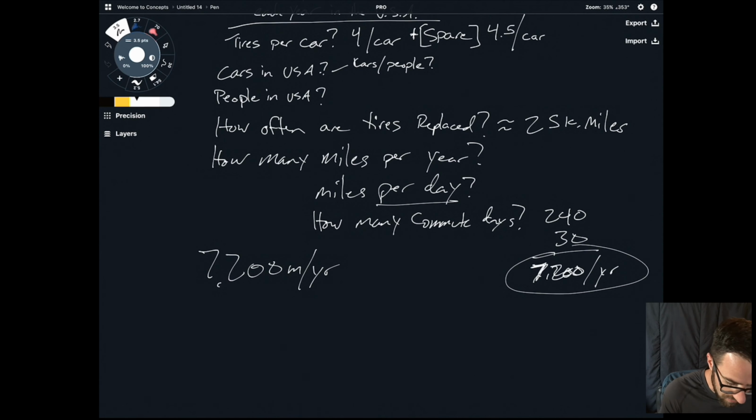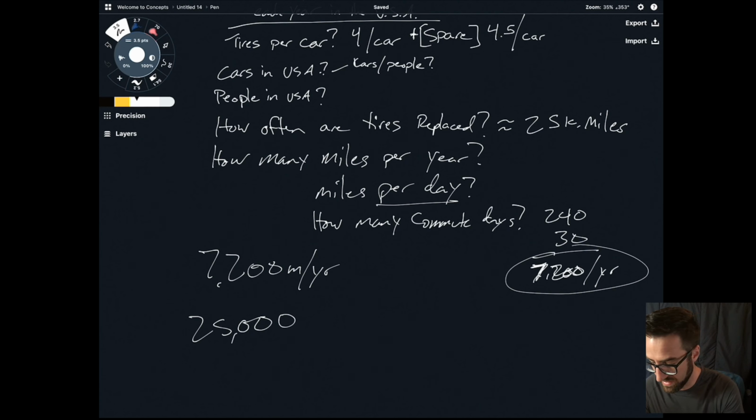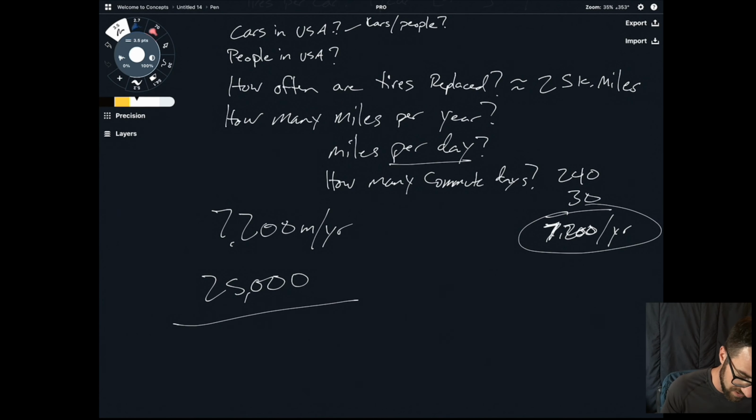Okay, so we have 25,000 miles, and we're going to divide that by 7,200, which is 3.4 years. Great. So we get 4.5 new tires.